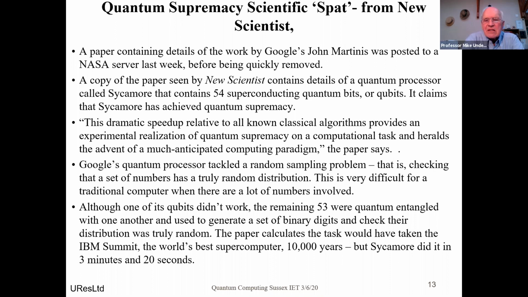The paper calculates that the task would have taken IBM Summit, remember, this is Google speaking, and Summit is the world's best supercomputer, 10,000 years. But Sycamore did it in 3 minutes and 20 seconds. So that gives you some idea of the claim. As we'll see in a moment, it was a little bit overhyped, but we'll move on.